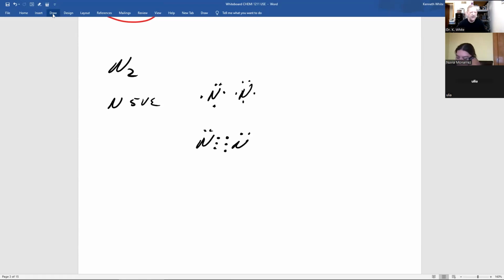How can we tell we're done? And this part you don't have to do, but I'm going to do it. If we look at this nitrogen, how many shared and unshared pairs of electrons do you see? 2, 4, 6, 8. It's an octet.